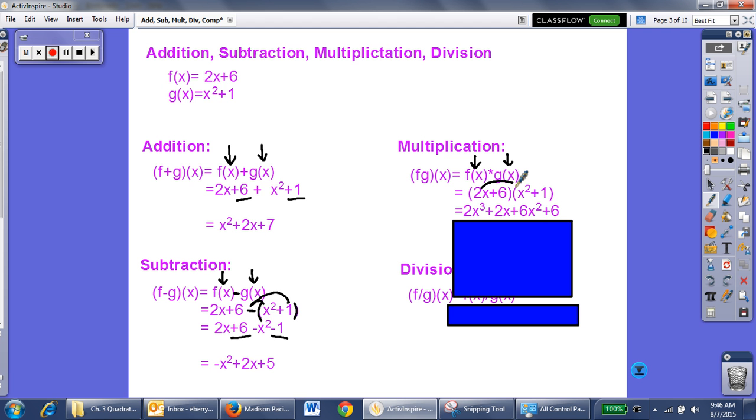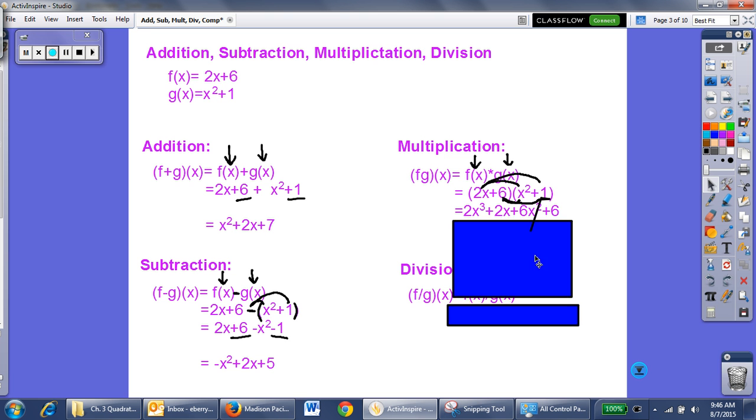So 2x times x squared is 2x to the third. The outer terms, 2x times 1, which is 2x. Inner, so 6 times x squared is 6x squared, and then 6 times 1 is 6.